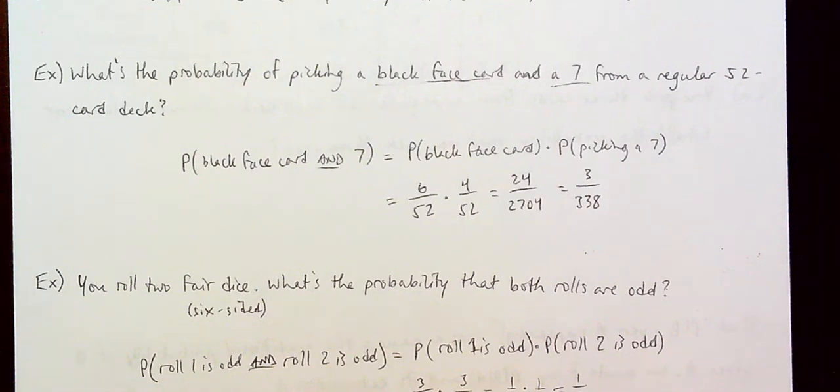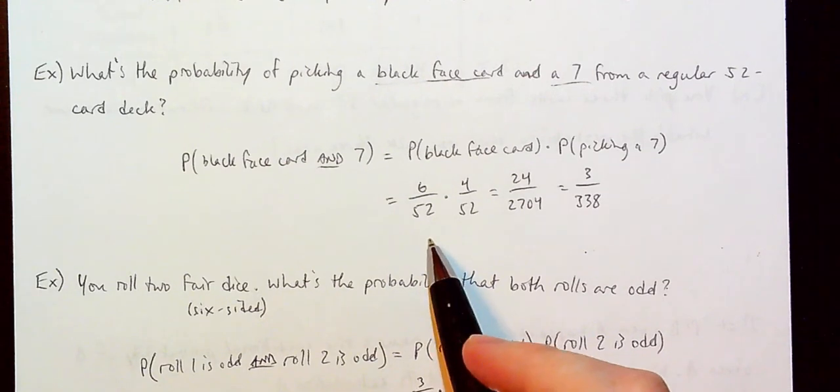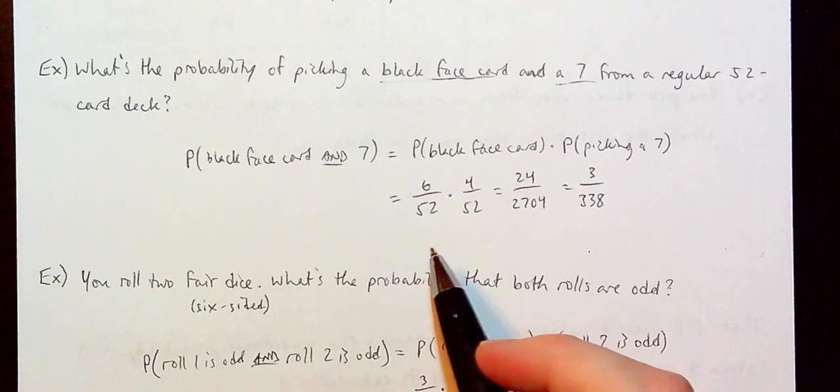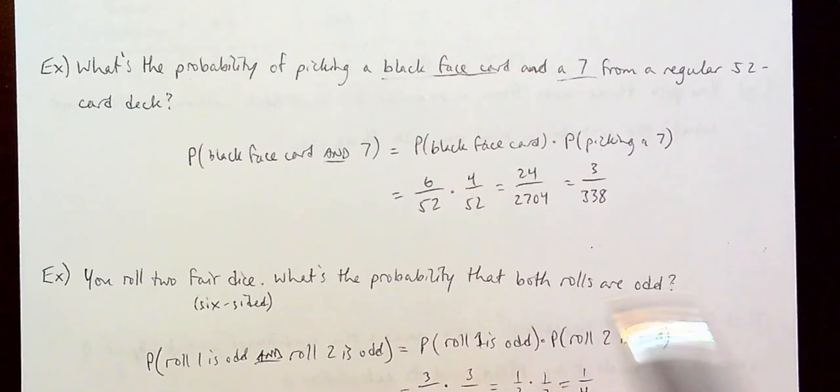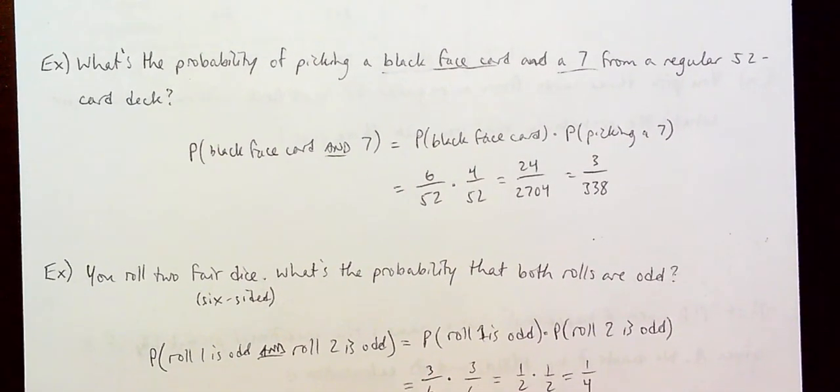If we specified that we don't replace the card, then there would be an impact on the probability. It would not be 6 over 52 times 6 over 52 times 4 over 52. It would change things slightly.